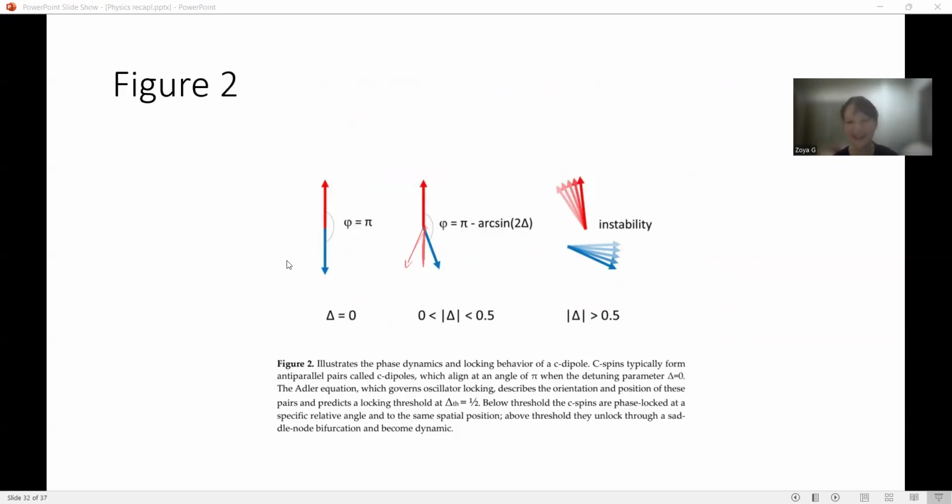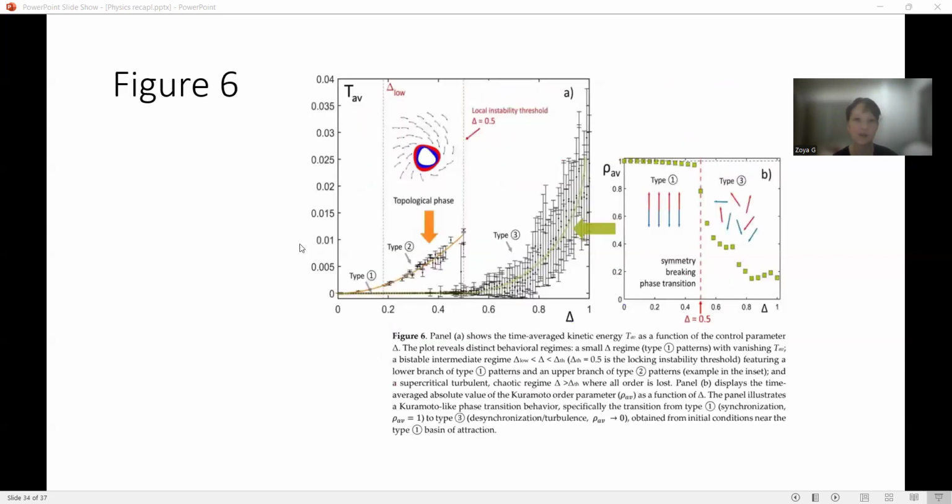The transitions between these phases are summarized in figure 6, which shows the time average kinetic energy against the anisotropy parameter.